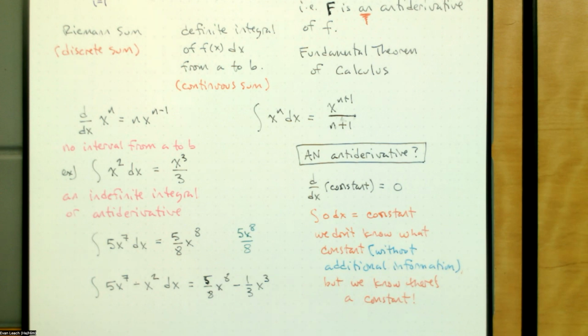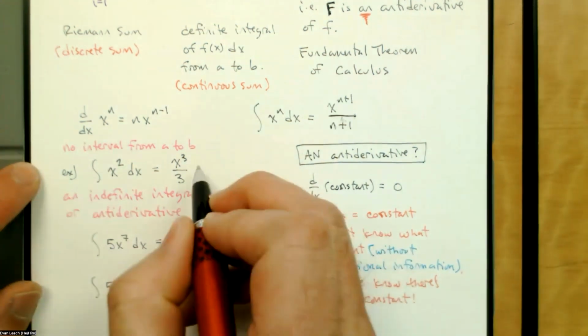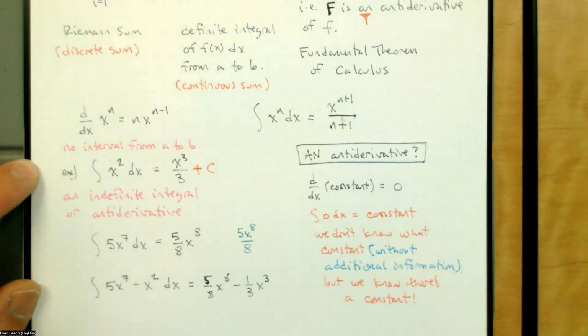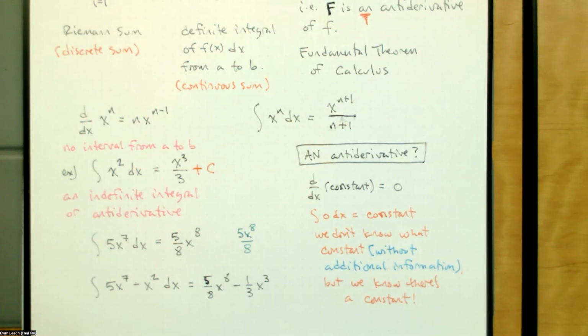So whenever we're finding antiderivatives, we want to write the general antiderivative. The integral of x squared dx will be x cubed over 3 plus some constant that we can't find without additional information. And the way we mark that is we put plus c. That is the constant of integration.